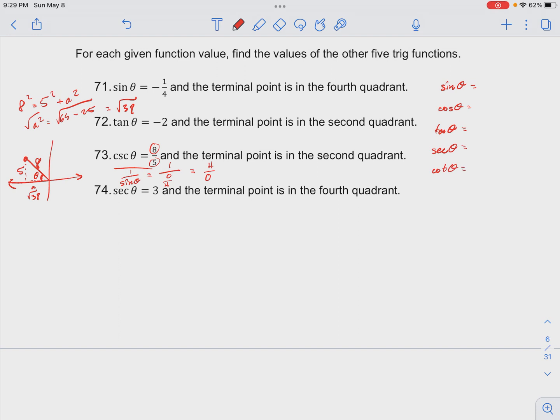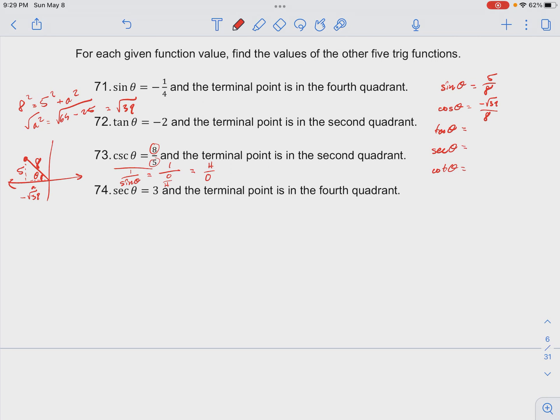So sine of theta, looking for opposite over hypotenuse, that'll be 5 over 8. Now recognize that this square root of 39 is in the negative x direction, so just plug in a negative there, just so we don't forget it. So then cosine of theta is adjacent over hypotenuse, so that'll be negative square root of 39 over 8.